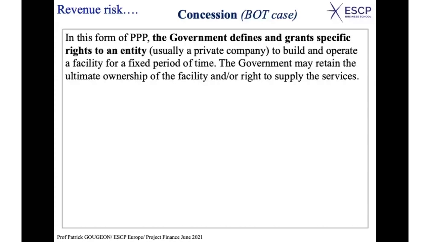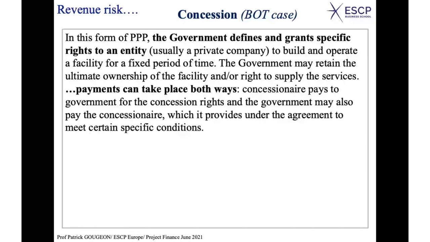So now what about the payments? The concessionaire pays the government for the concession right, and the government may also pay the concessionaire, which it provides under the agreement to meet certain specific conditions.